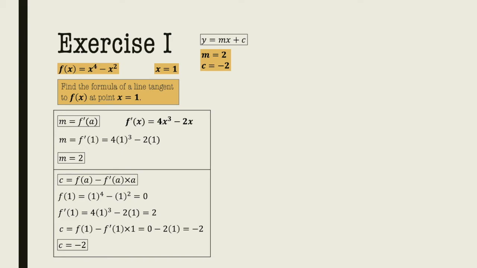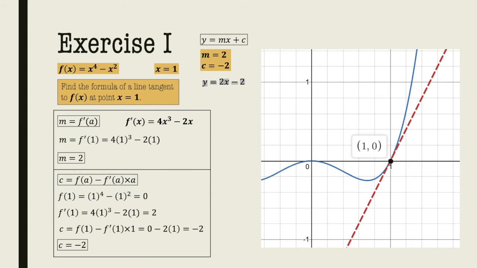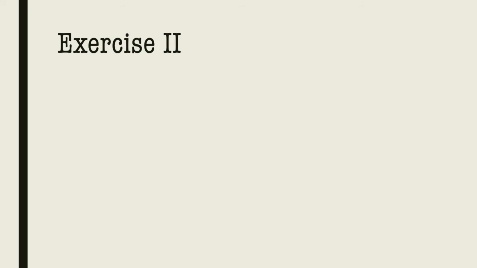The last step here would be to create the formula in the form y equals mx plus c, knowing m is 2 and c is negative 2. The final answer is y equals 2x minus 2. If we plot the function f of x and its tangent on the graph, we do in fact see how the red tangent barely touches the blue line at x equals 1.